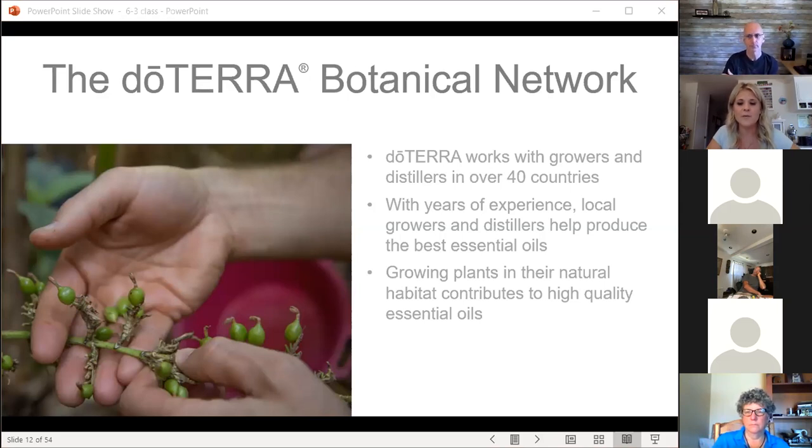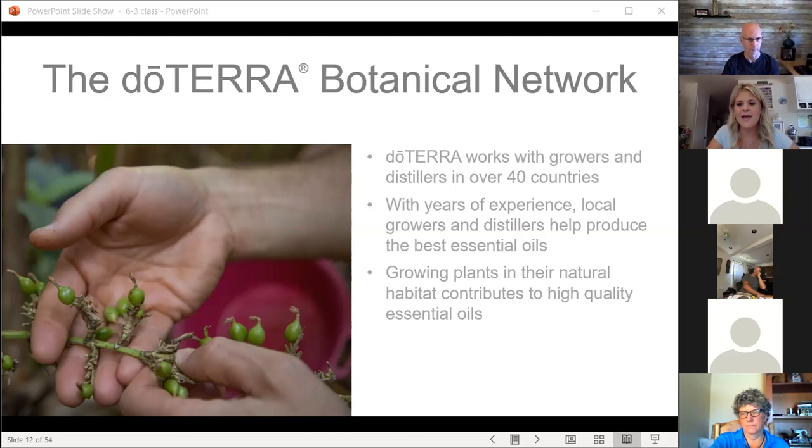And while some companies choose to buy their own plots of land where they can grow plants to produce their essential oil, doTERRA chooses to rely on the expertise of the growers and distillers around the world, many of whom have decades of experience with their plants, especially within the regions where they're planting and growing.